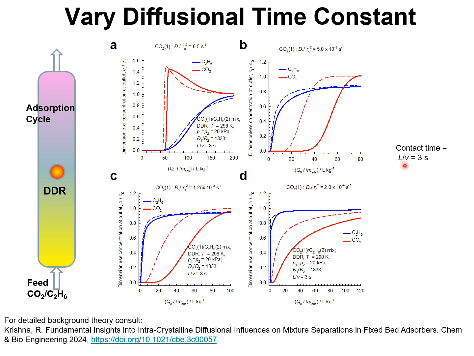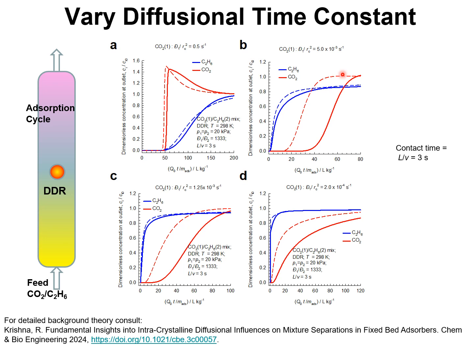So L divided by V is the contact time that I maintain constant. The radius of the crystallites is varied such that the diffusional time constant, the Maxwell-Stefan diffusivity of component 1, which is CO2, divided by Rc squared, in this case is 0.5 per second.